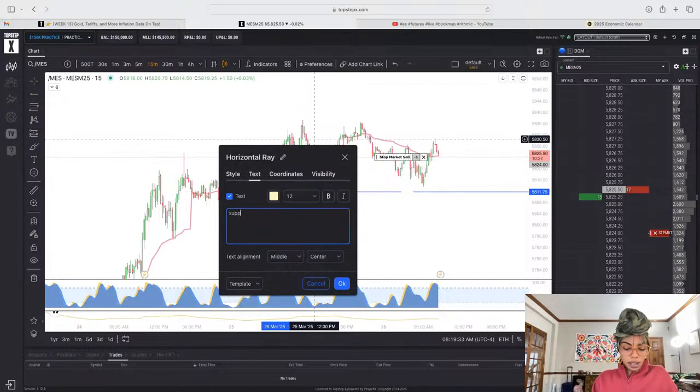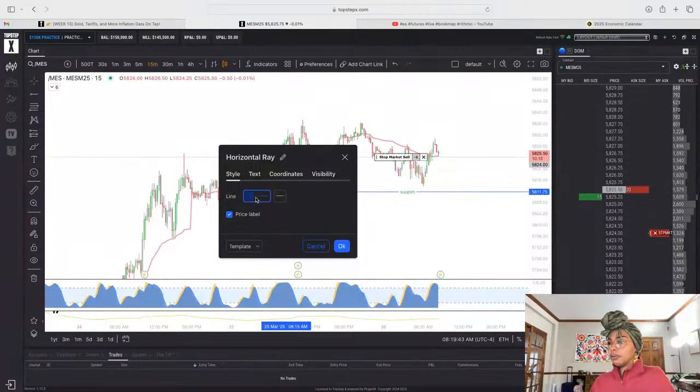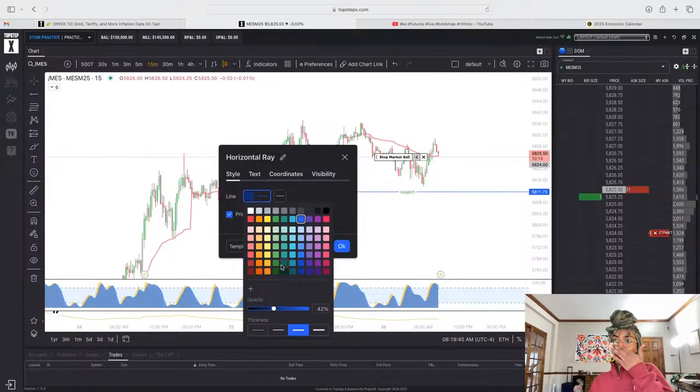Okay, I'm just going to take a look at our charts here, see exactly what's going on so we can set up our trades for the day. Because this is integrated with TradingView, that's very helpful.